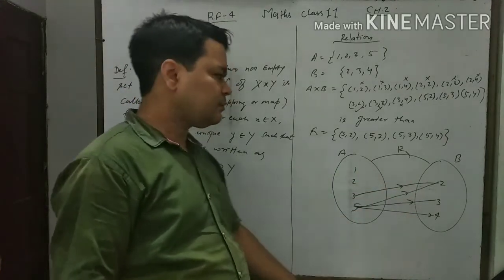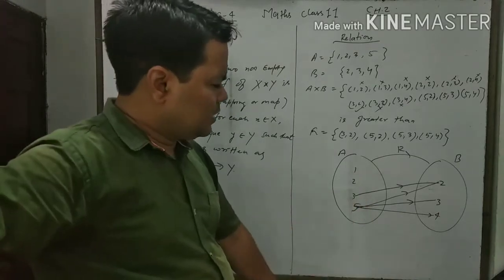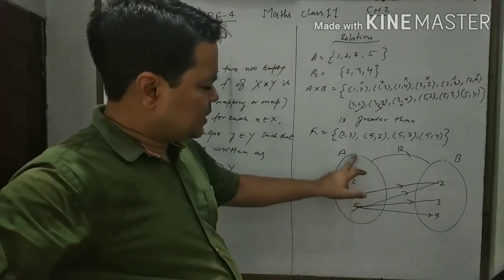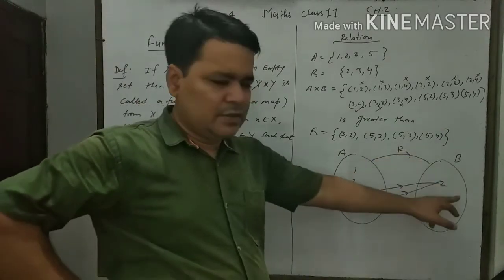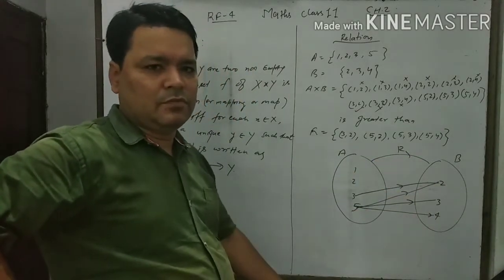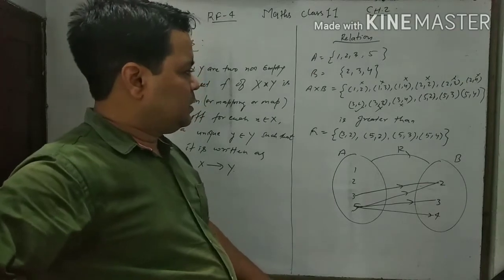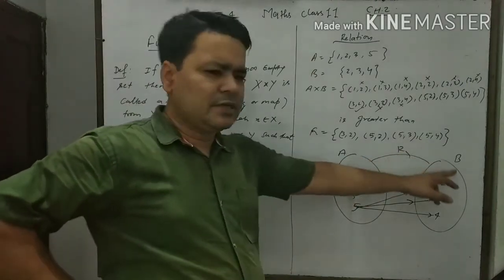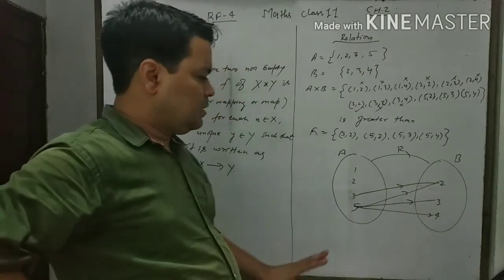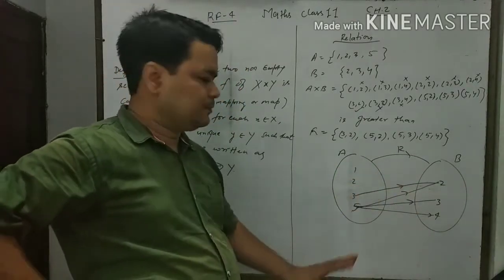Here we see that there are some elements in set A which are not related to set B. Keep it in your mind.